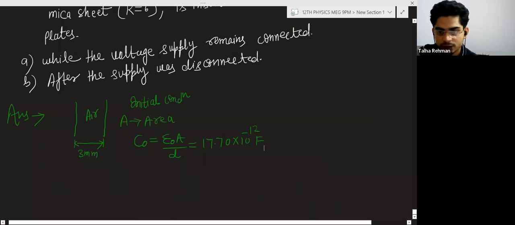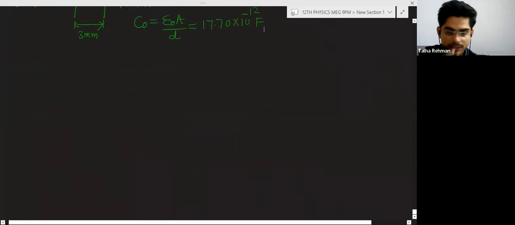And they are asking, part A: what happens when voltage supply remains connected? Here voltage is 100 volt and this remains connected.